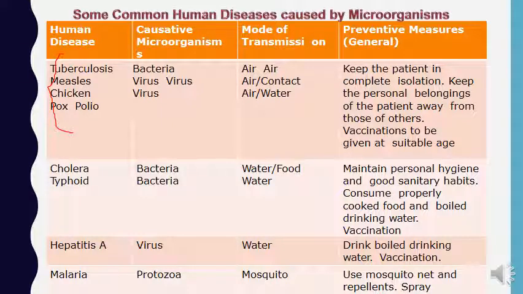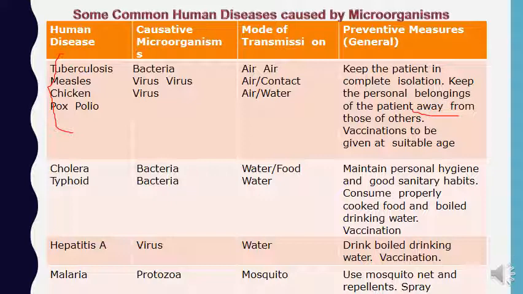Well, it's simple. Keep the patient in complete isolation, don't allow them to meet other people, and keep the personal belongings of the patient away from those of others. Vaccinations are to be given at a suitable age.